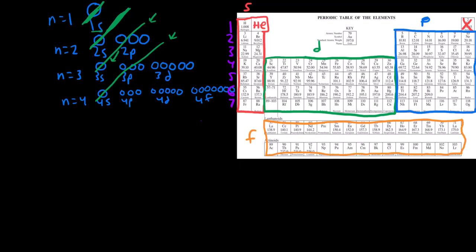So let's look at an example of how to do this. So we're going to take Na as our example, and Na has 11 electrons, which is sodium. So this right here is Na.